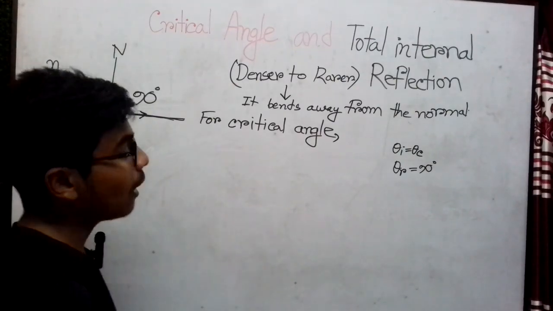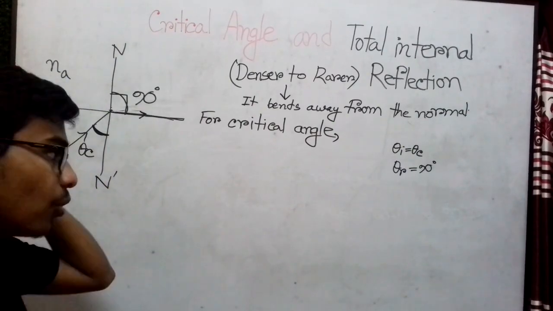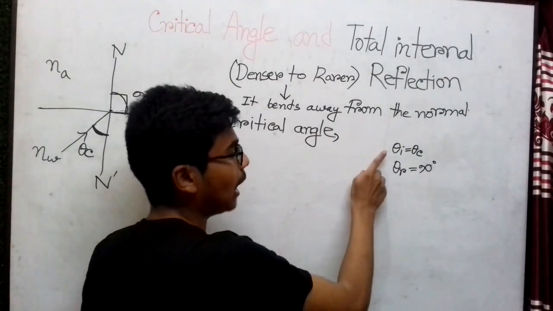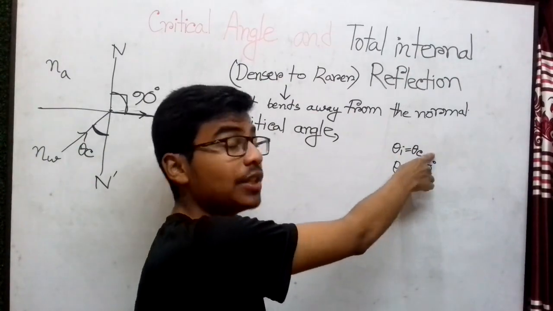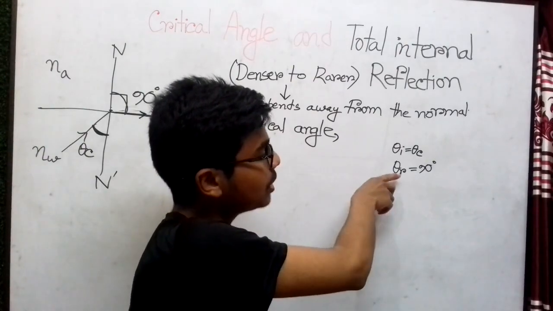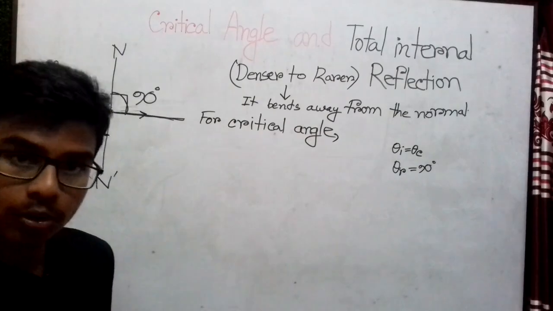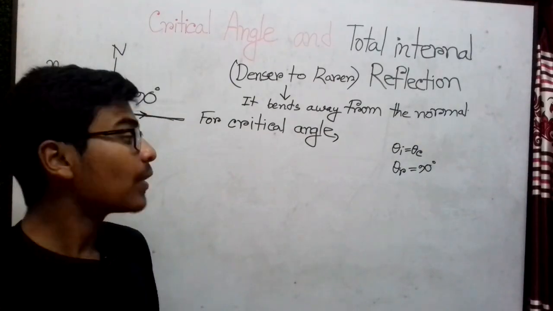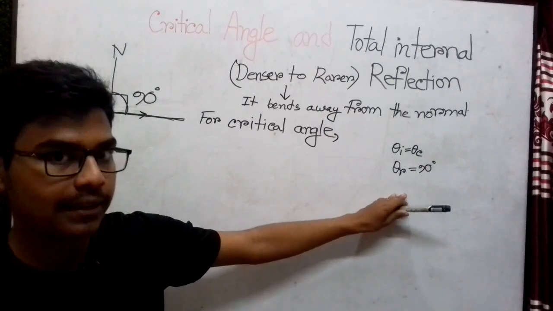Now we are going to show the equation. The angle of incidence, theta I, equals theta C, which represents the critical angle, and theta R, the refracted angle, equals 90 degrees. We know that when it is a critical angle, the refracted angle must be 90 degrees.